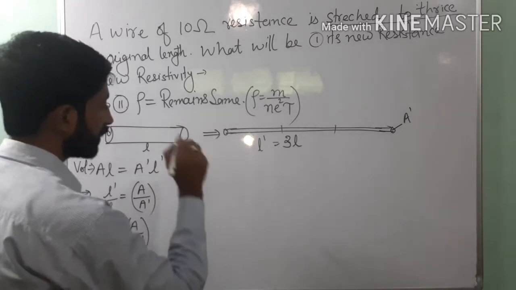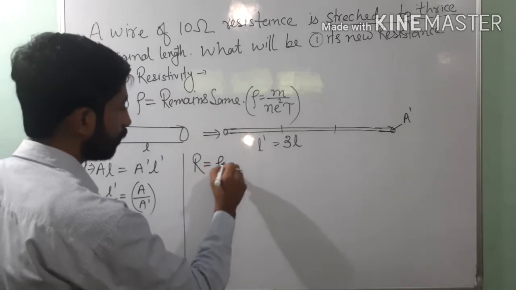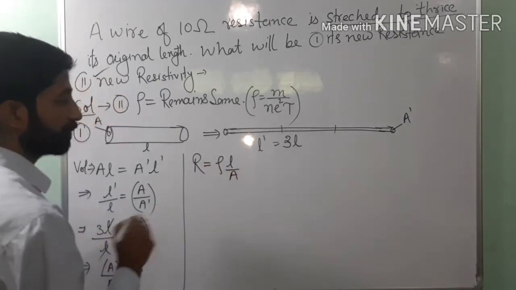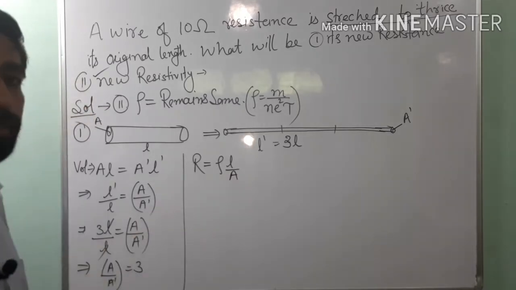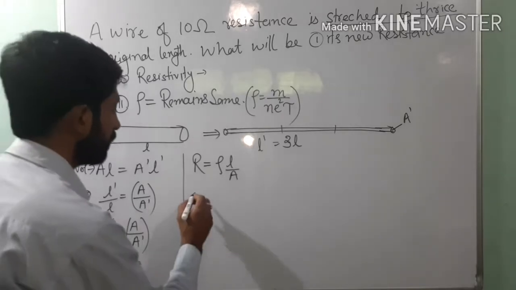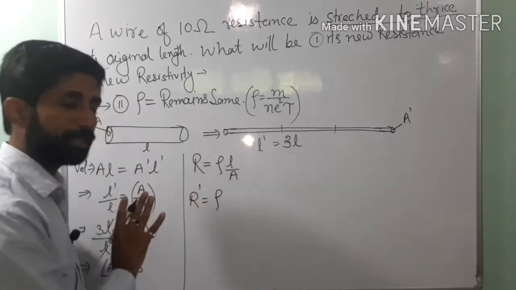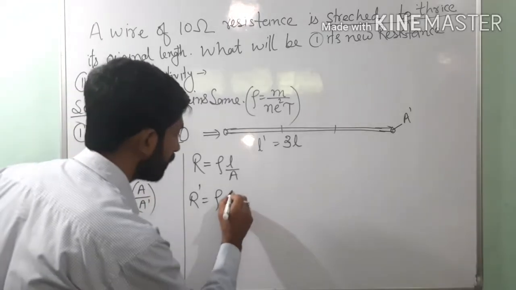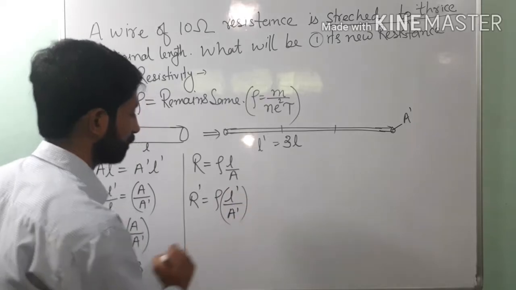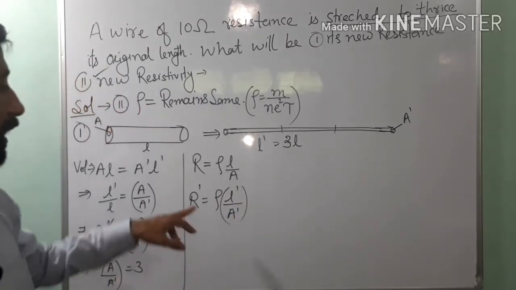Fine. Now suppose the initial resistance was R, that will be equal to rho L over A. The new resistance will be R dash, rho remains constant, no change, and the length becomes L dash and area becomes A dash. So what will be the new resistance?